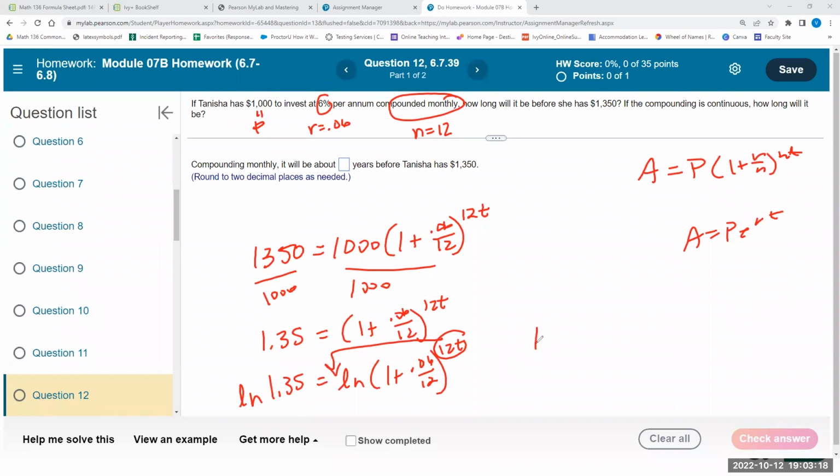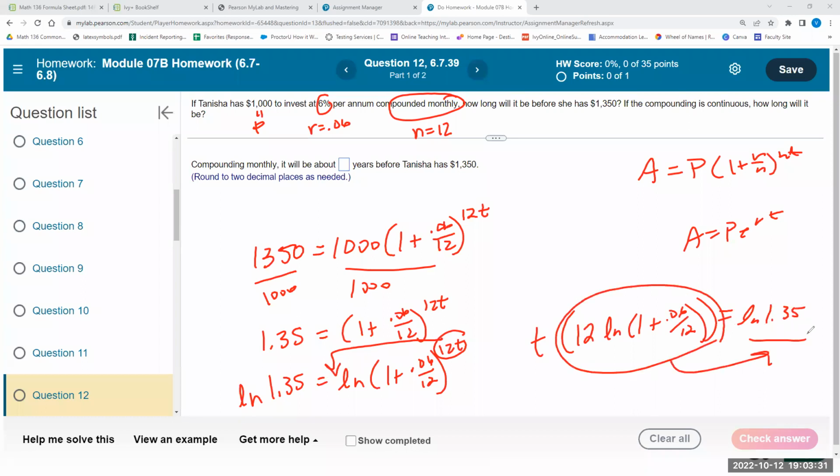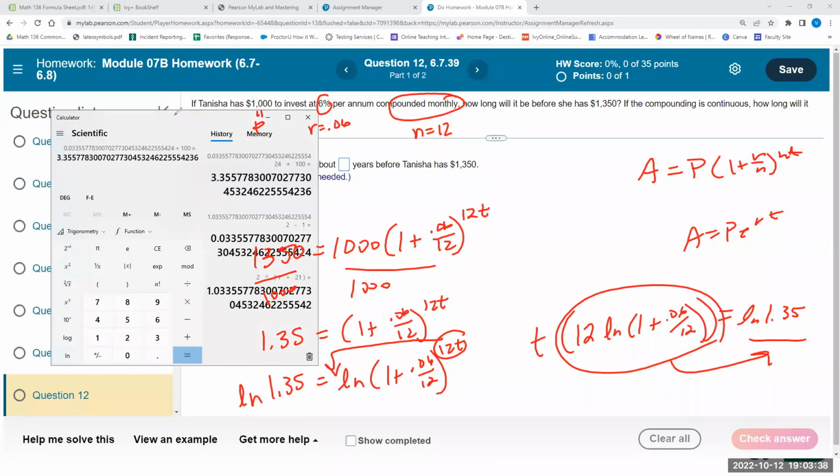So I have t times 12 ln(1 plus 0.06 over 12) equals ln of 1.35. So then I can divide. But again, anything that you write down and round off partway along the way is going to potentially make your rounding be off at the end.